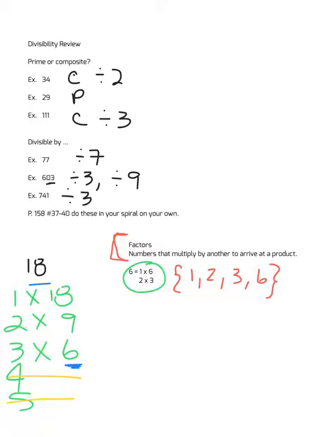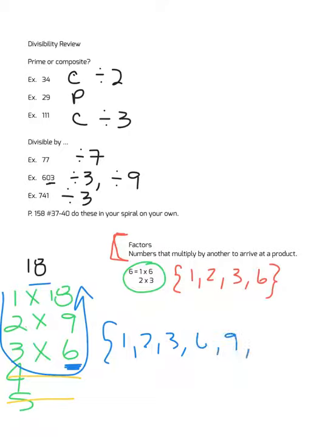So once I see that next number on the right-hand side, I don't need to go any further and try 7 or 8. So my factors of 18 are finished, and I'm just going to write them all down in this order: 1, 2, 3, 6, 9, and 18.